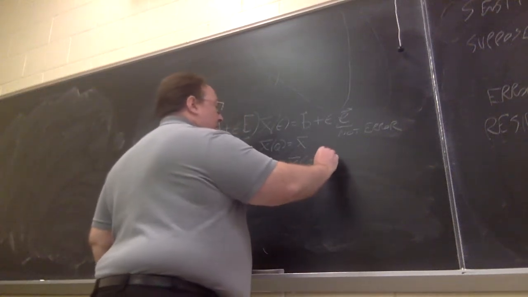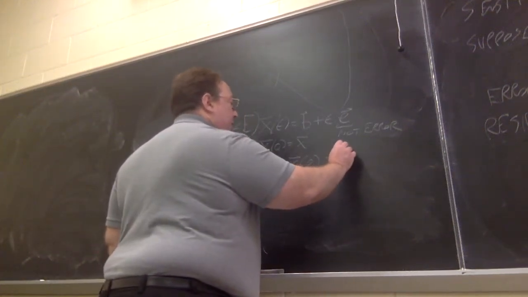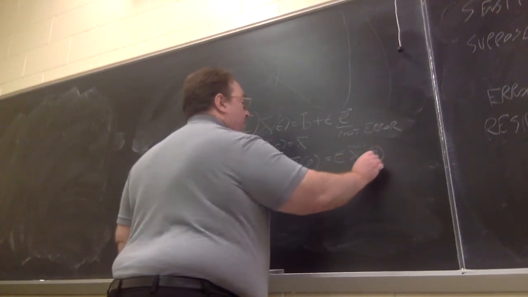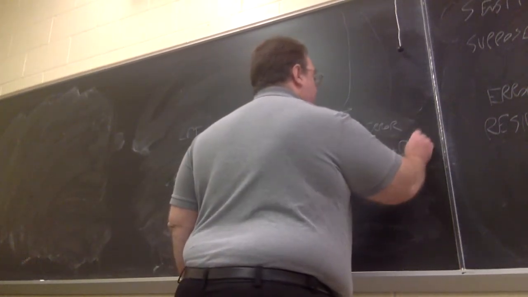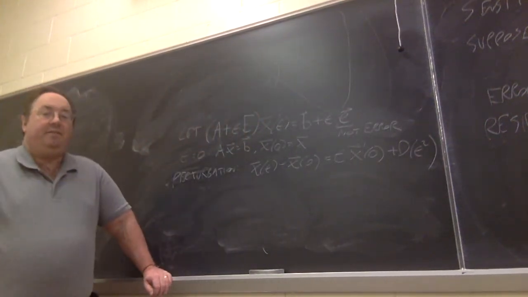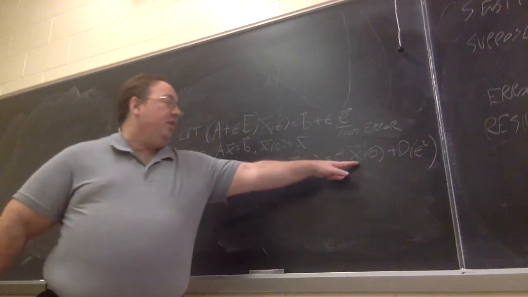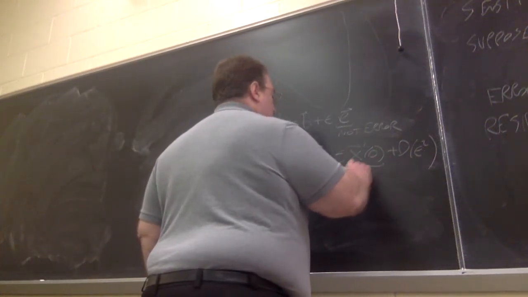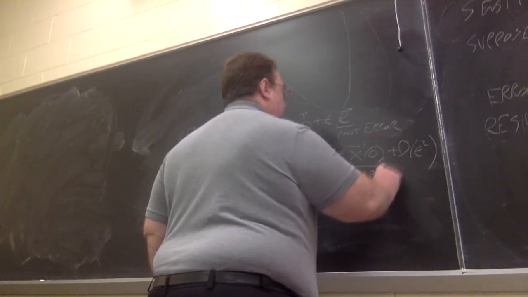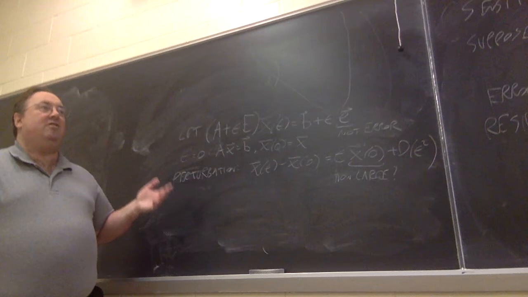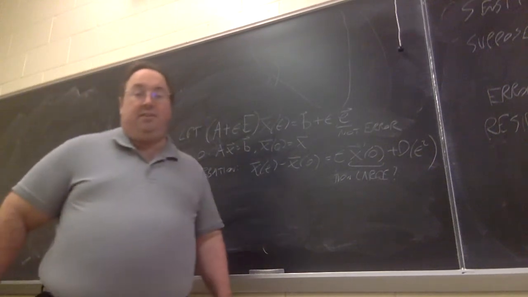Well, by Taylor expansion, that would be epsilon x prime of 0 plus additional terms on the order of epsilon squared. So if we can get a handle on x prime of 0, how large might that be? That gives us an indication of the sensitivity of the system.